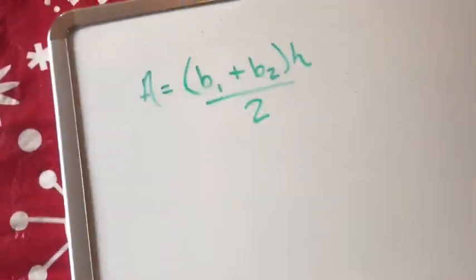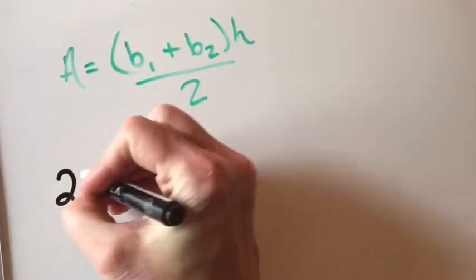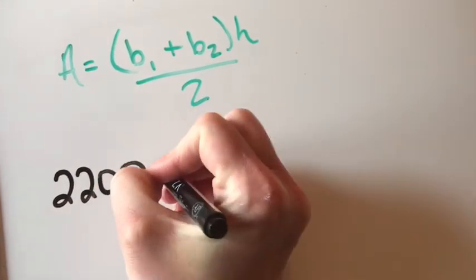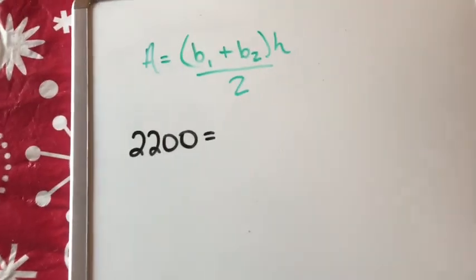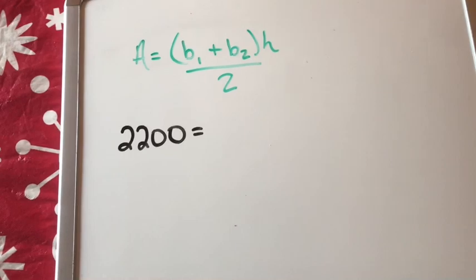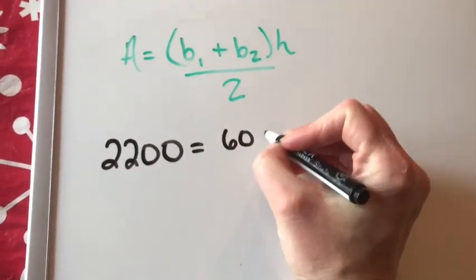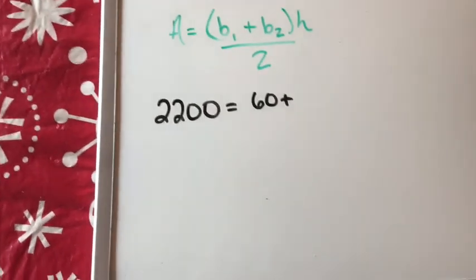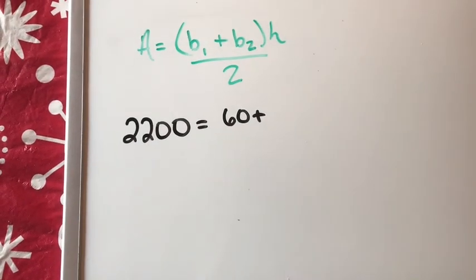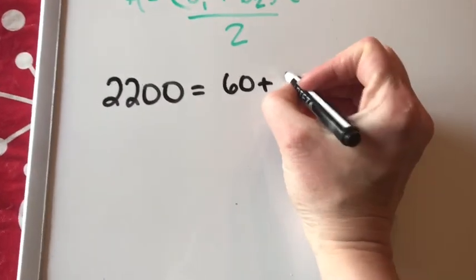I know that my area is 2,200. My base 1 said that her height was 5 feet, or 60 inches. My base 2 said that her height was 4'2", or 50 inches.